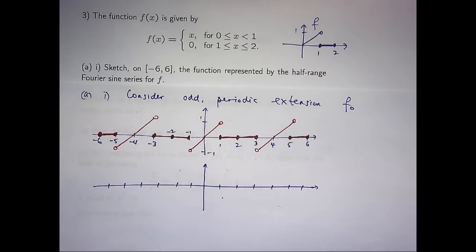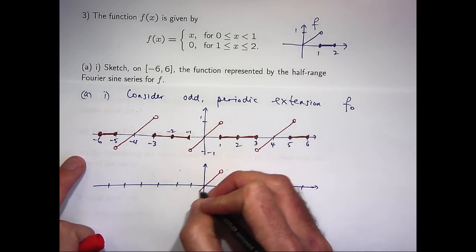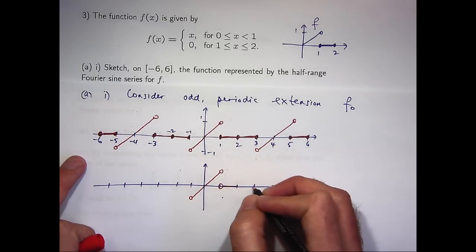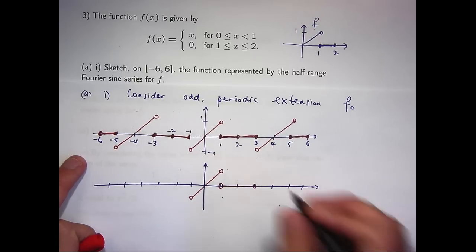So what I'm going to do is sketch in the curve, but I'm just going to keep it with all open interval, open sort of dots where there are jumps.